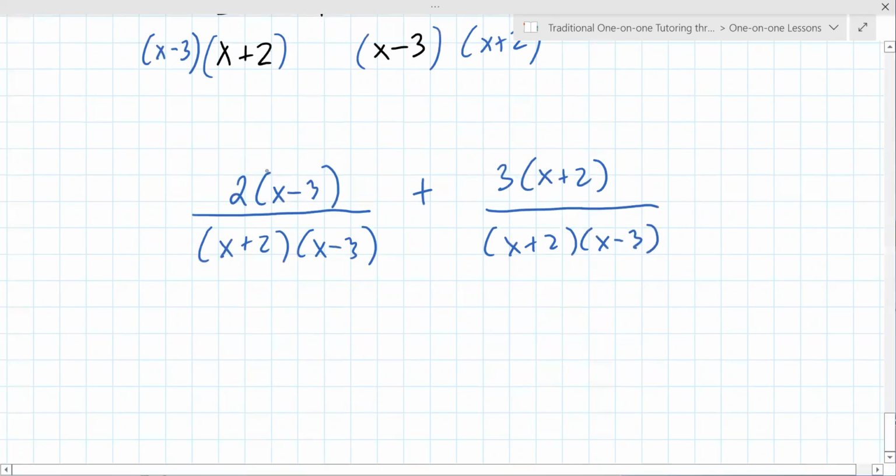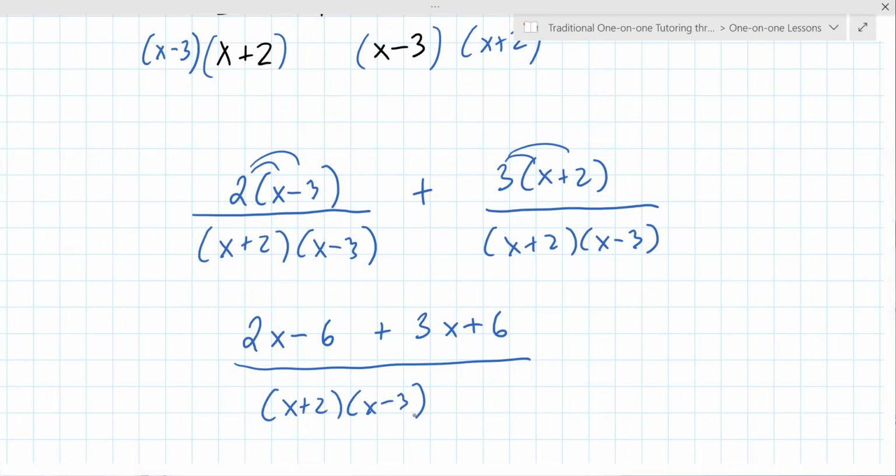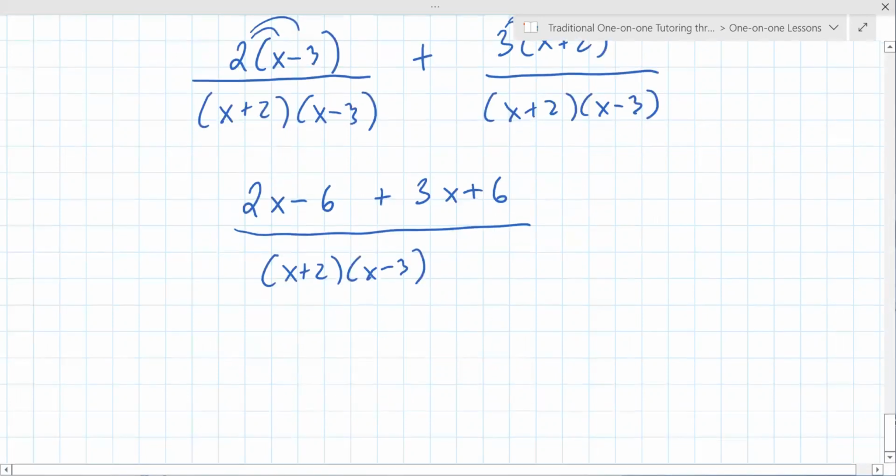And then this time you have to distribute on both. So it becomes 2x minus 6 plus 3x plus 6. And when the denominators are the same, you just keep it: x plus 2, x minus 3. Can you tell me what the numerator reduces to, combining like terms?